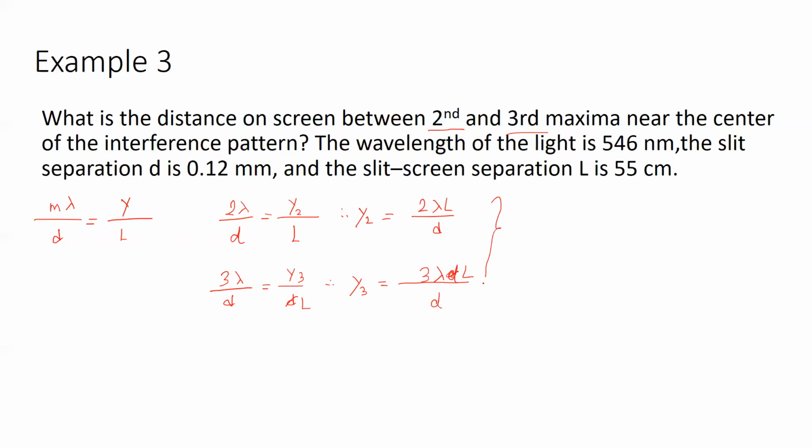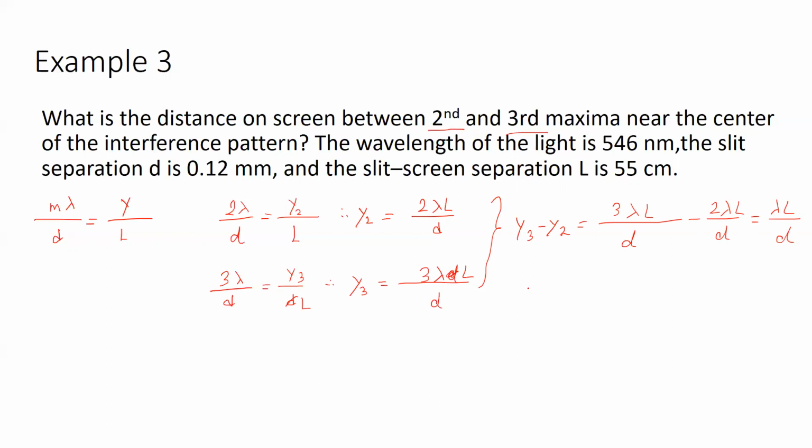So Y3 minus Y2 equals 3 lambda L divided by D minus 2 lambda L divided by D. Again, lambda L divided by D is something we just calculated in the previous question.